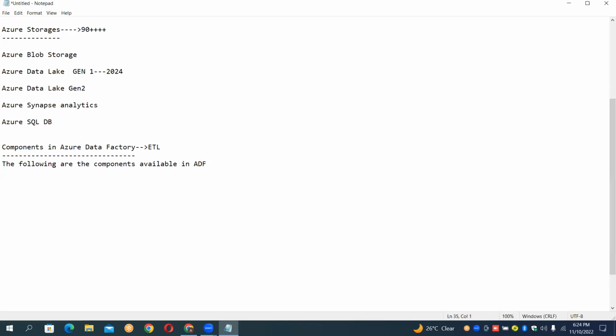So, guys, let me list them out. The first and most important component is called the pipeline. The next one is the linked service. The third component is datasets. The fourth component is mapping data flows.